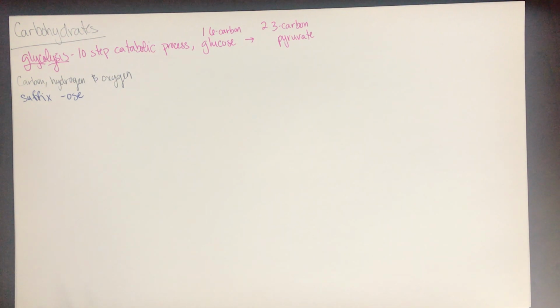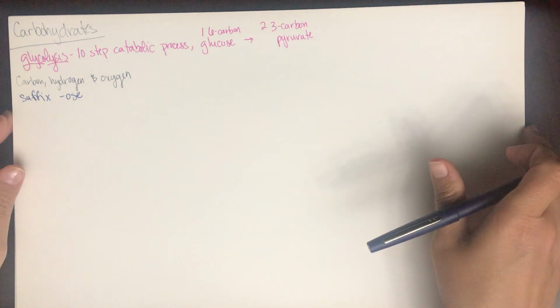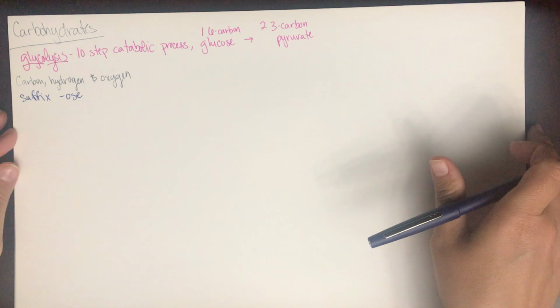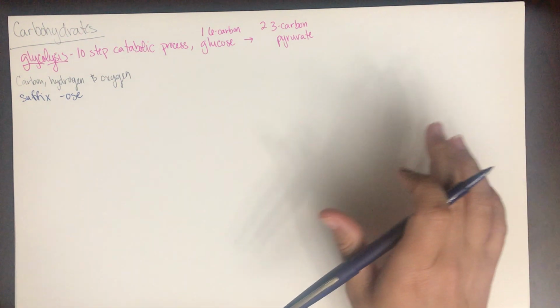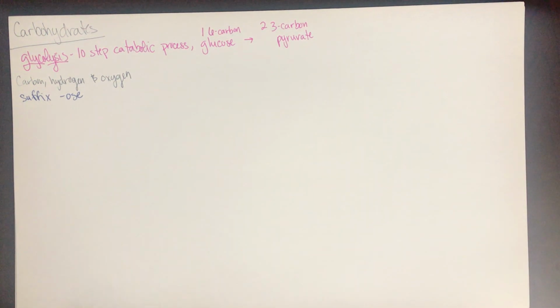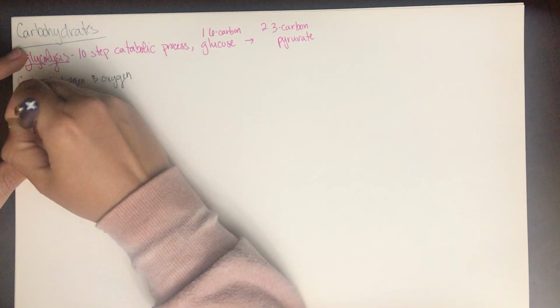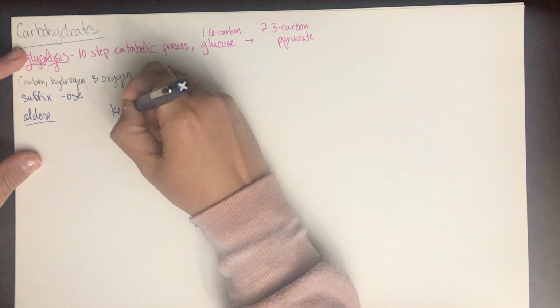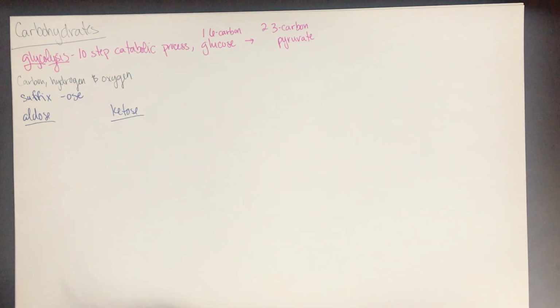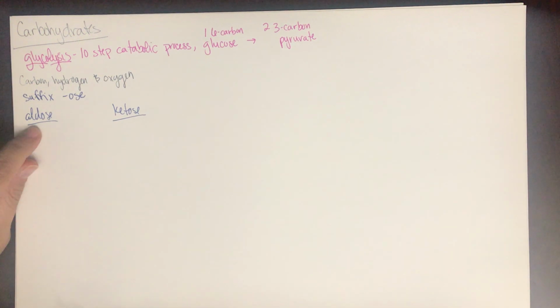There are 2 major types of sugars: aldoses and ketoses. An aldose is a sugar where the carbonyl group is on the end of the carbon chain, so it essentially has an aldehyde.